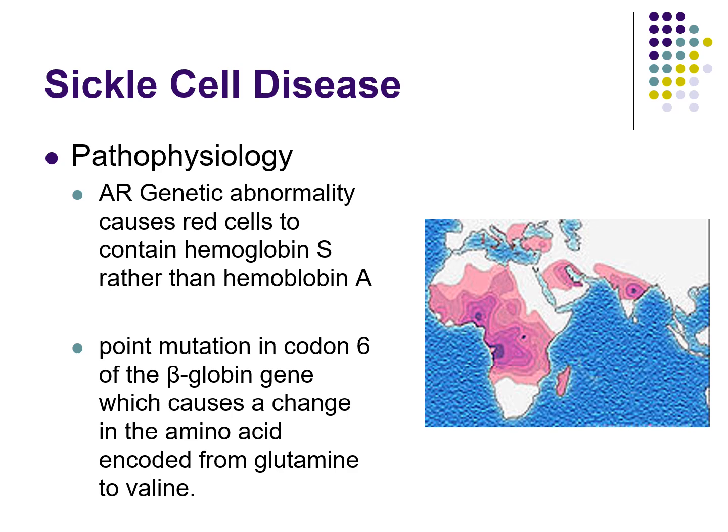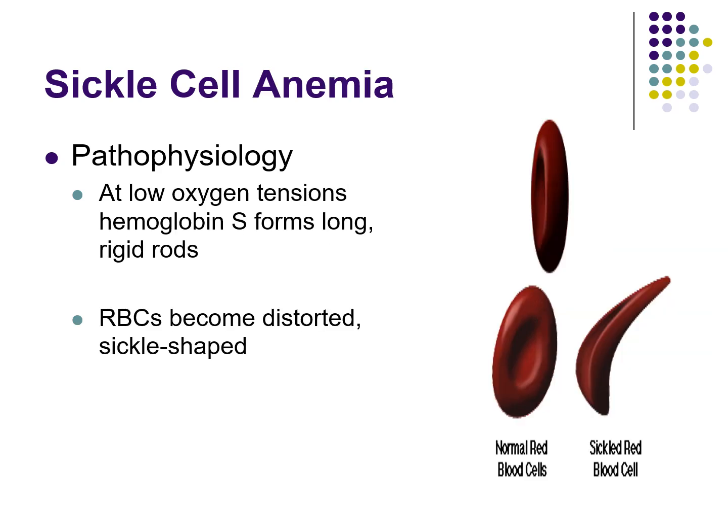So, when we discuss sickle cell disease, it's an autosomal recessive genetic abnormality which is passed when both parents are carriers for the gene for hemoglobin S. As we have said, the amino acid is replaced, encoded from glutamine to valine, and this causes the hemoglobin S to change into sickle-shaped RBCs when exposed to hypoxic stress.